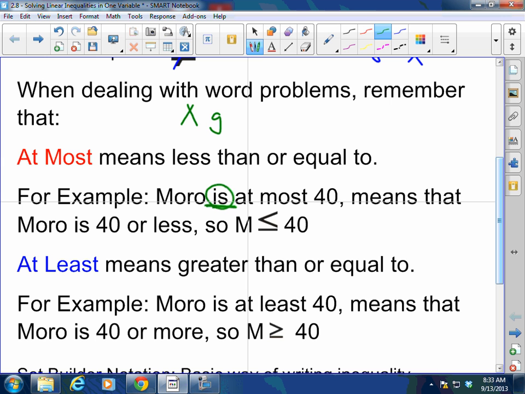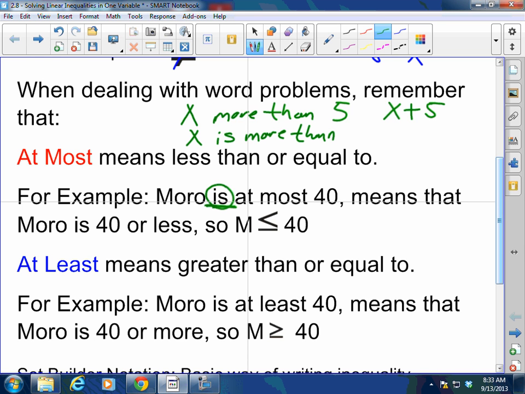X more than 5 would just mean x plus 5. You with me? But if I tell you x is more than 5, that is more than, it's like saying is greater than. That is there activates the inequality. So in that case, it would be x is greater than 5.